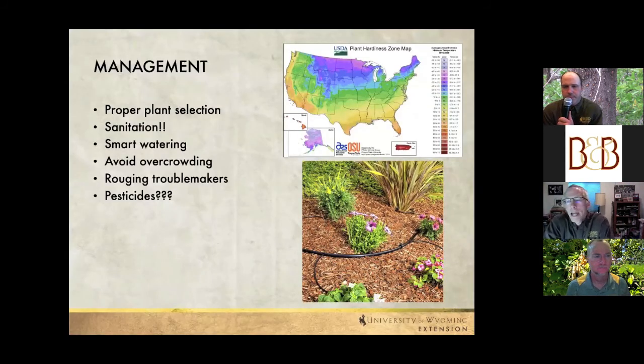In terms of management, we've already touched on a lot of this stuff. I put in this USDA plant hardiness zone map because proper plant selection is really key when you get these plants and try to plant them. When I go to Walmart, they have these big distribution centers, and they have the one in Cheyenne.